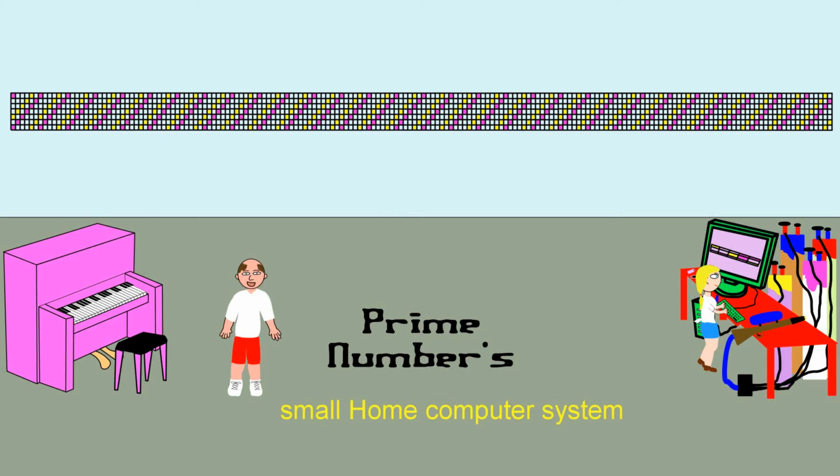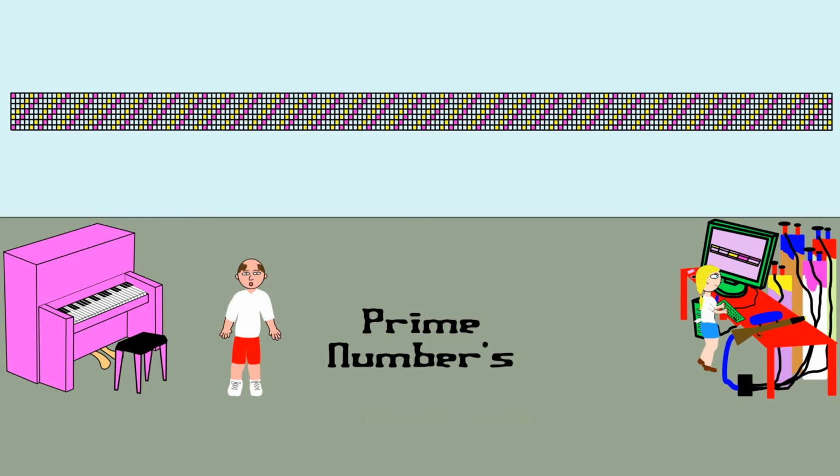This is where the small home computer systems really start screaming. But if we look at this grid, we notice something truly beneficial. If we count all the yellow squares on the 5 line, we get 210 squares. And if we count all the red squares on the 7 line, we get 210 squares.